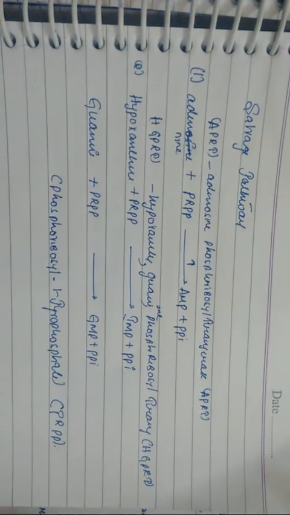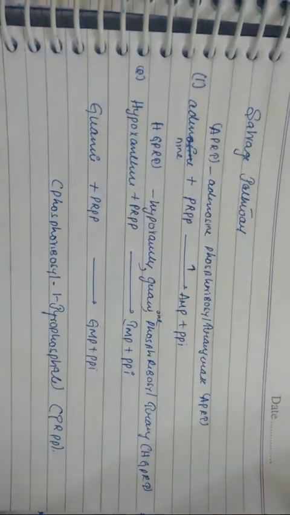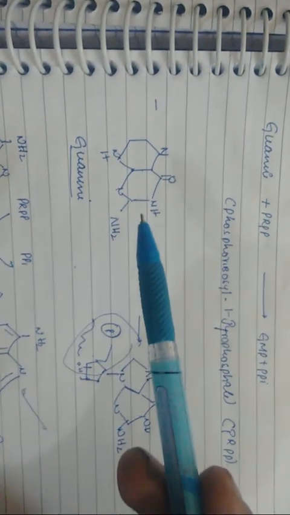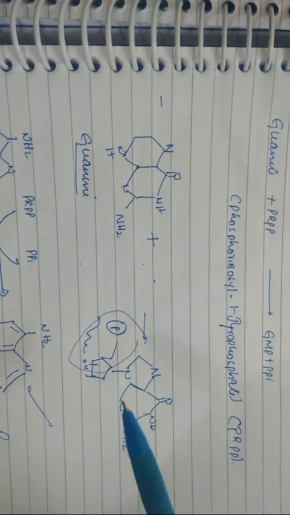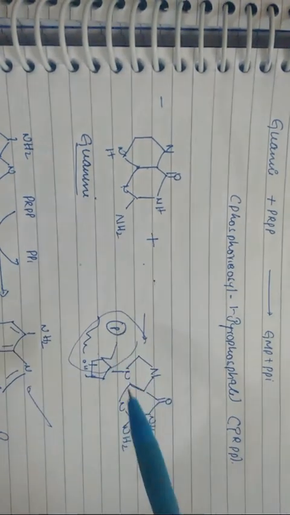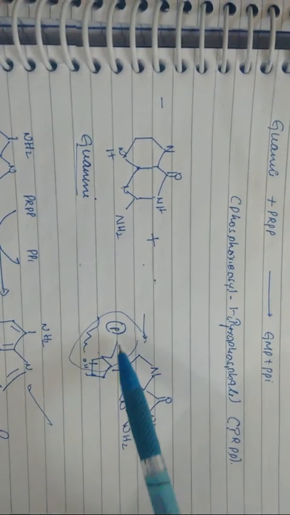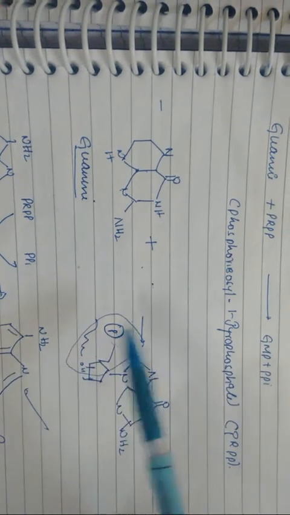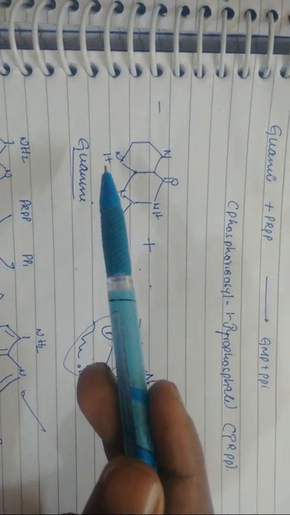If you see the next equation, let's see the guanine first. The guanine is converted into GMP. If you see the structure of guanine, and now the structure of GMP, the difference is it has got ribose and phosphate. And who is transferring this phosphate and sugar molecule to the guanine?